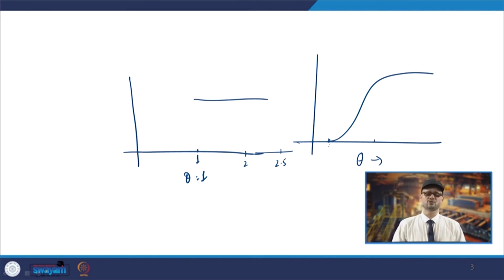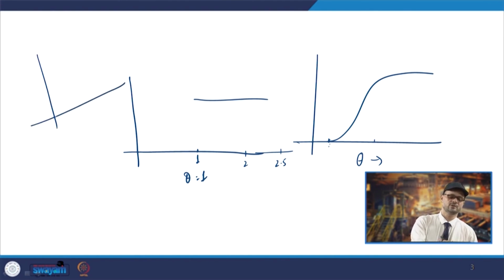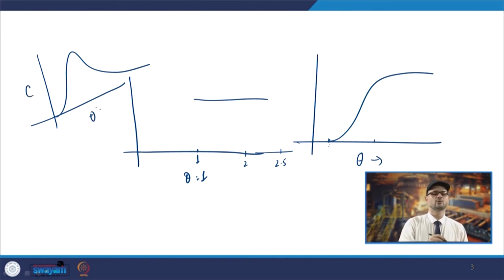Now, if you talk about the normal RTD curves inside the tundish or in any system, what we see in the C curve, where you have C and this is your theta, is that it is going, and you may go to a very large time. Till that time the tracer is somewhat coming out.